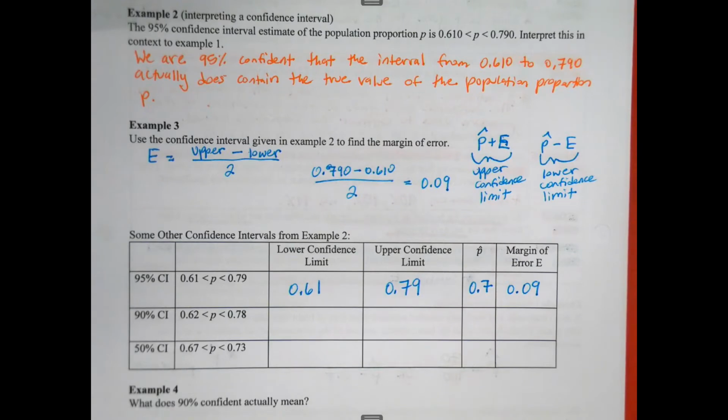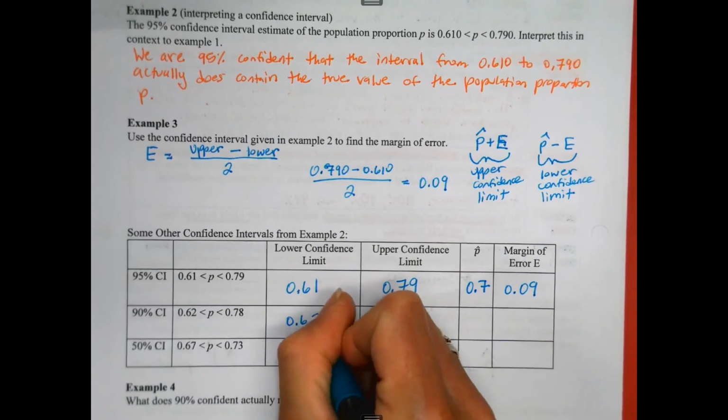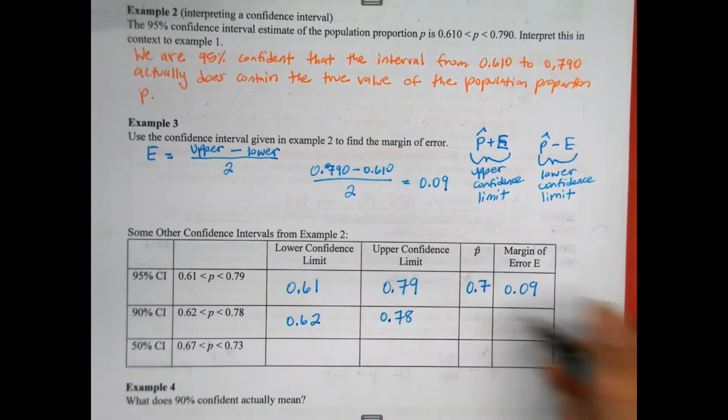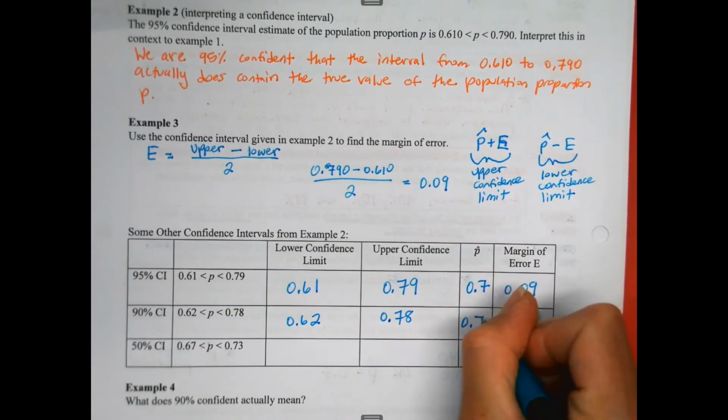If we're 90% confident, notice that our confidence interval is now slightly larger. Our lower confidence limit is 0.62. Our upper confidence limit is 0.78. Our P hat remains the same.